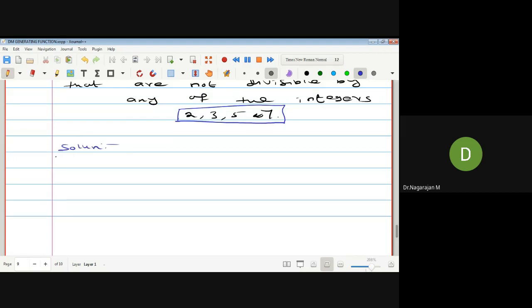You know the formula N of A union B. Suppose the number divisible by 2, number divisible by 3, number divisible by 5 and number divisible by 7 between the values. Therefore, here using A, B, C, D. N of A union B union C union D equal to, what is the result here?